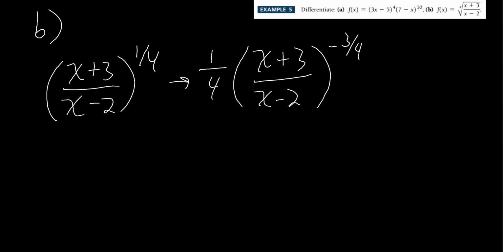Right. Now, I don't think it's too bad. If you recall, now we have to differentiate what's in these parentheses here. Okay, well, on the previous page, it was the quotient rule, right? It was low d high minus high d low. Okay, low d high minus high d low.